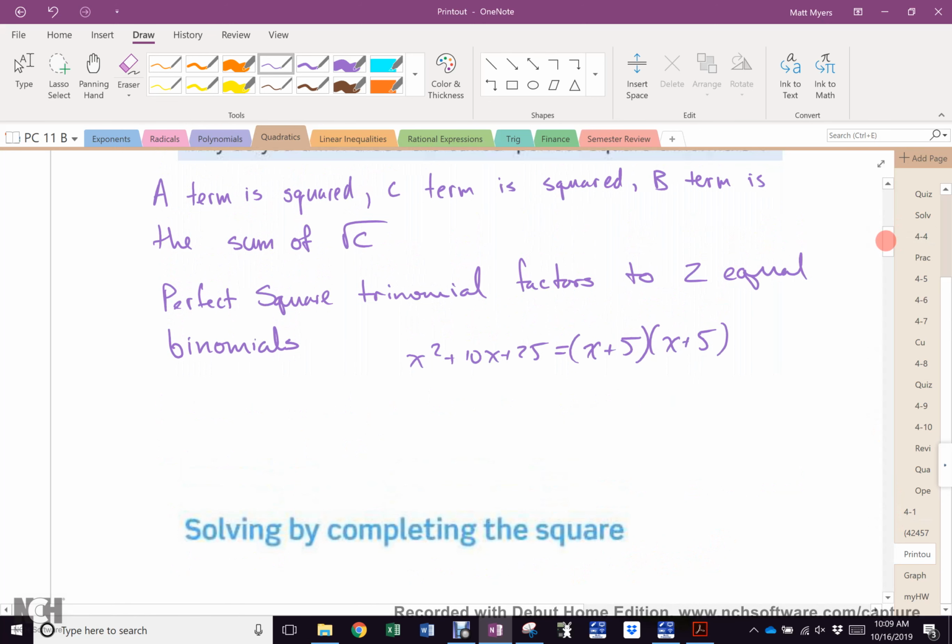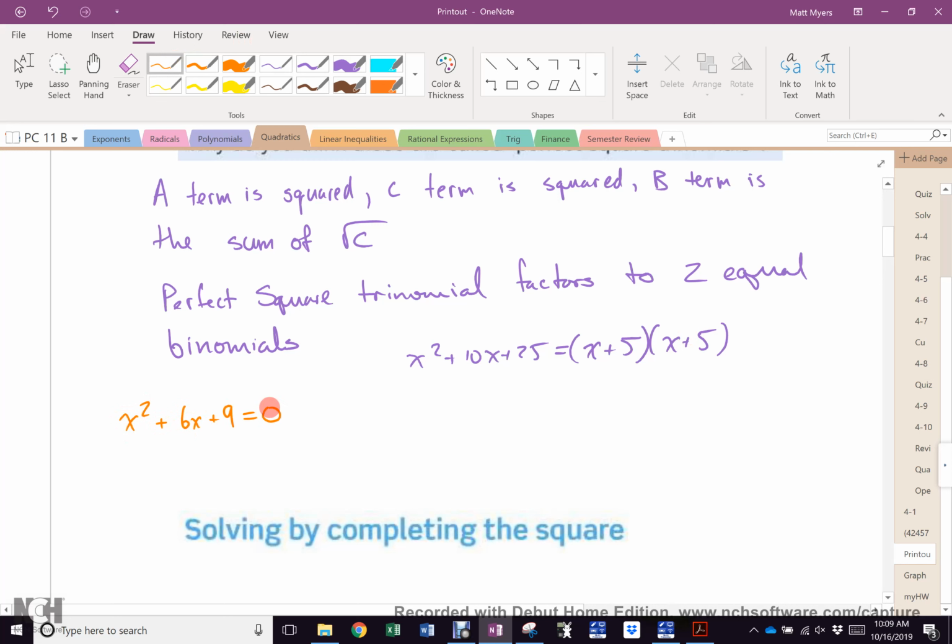Is everybody good? All right, now, that's just factoring, right? Right? So what happens if I take x squared plus 6x plus 9 equals 0?